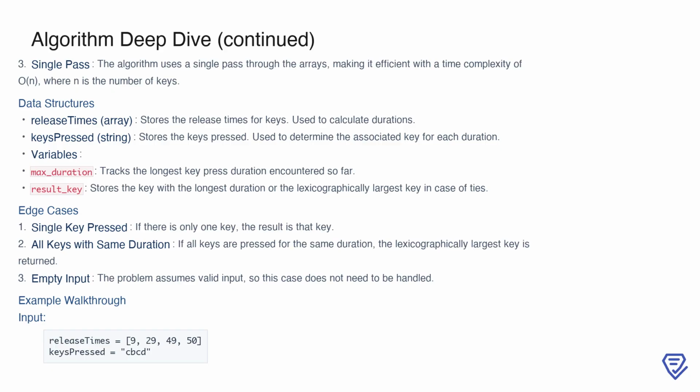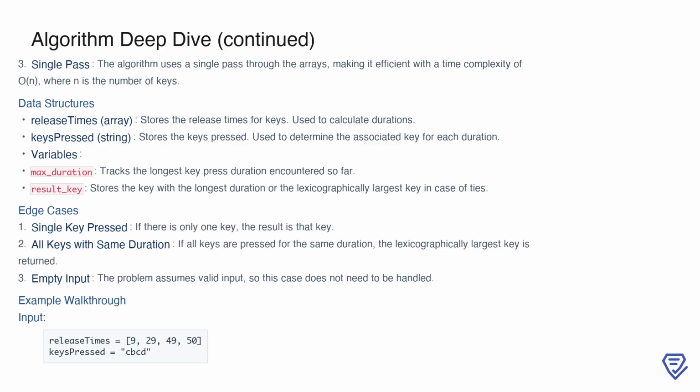This approach is efficient because it processes the input arrays in a single pass, making the time complexity O(n), where n is the number of keys. The space complexity is O(1), as we only use a few variables to track the current maximum duration and the associated key. The algorithm primarily relies on the release times array to calculate durations and the keys pressed string to determine the corresponding key.